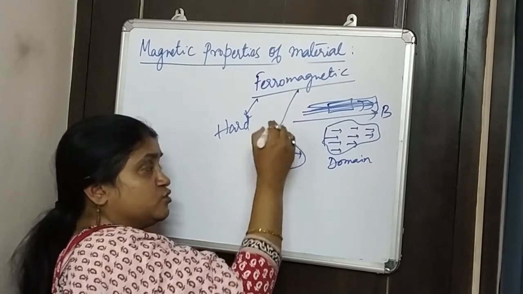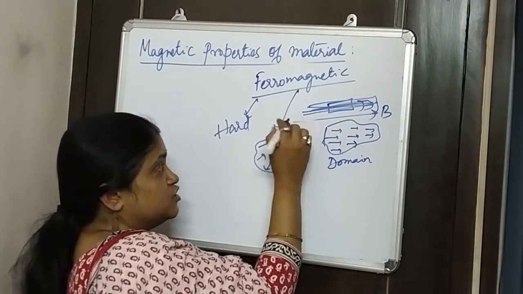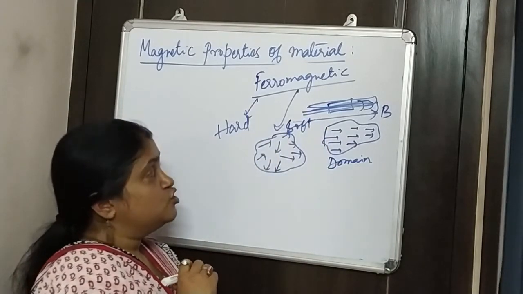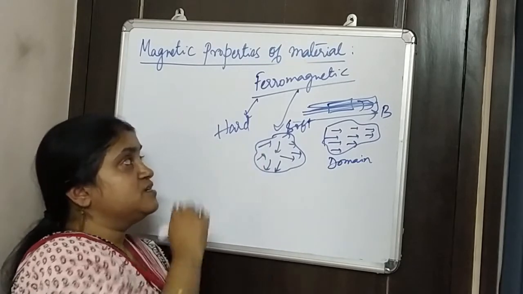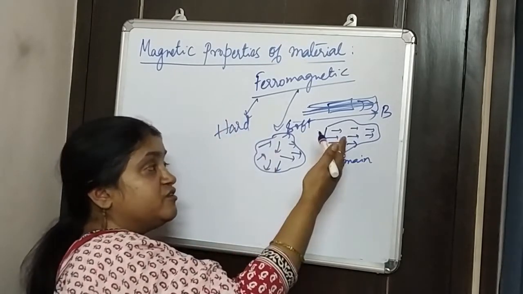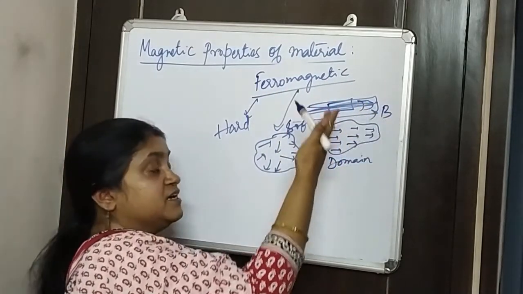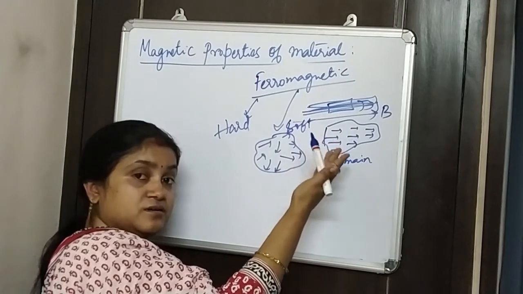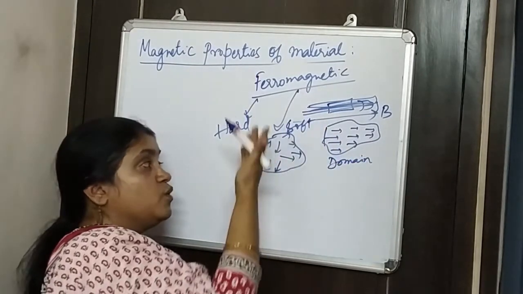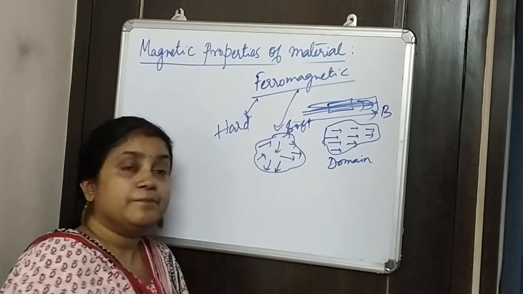Such material will be called soft ferromagnetic material. So we have two types, hard ferromagnets and soft ferromagnets. Hard ferromagnets, even if you have removed the magnetic field, would still remain magnetized. Whereas soft ferromagnets, when you remove the magnetic field, will come back to their previous position.